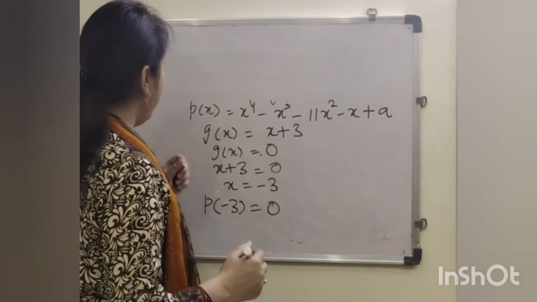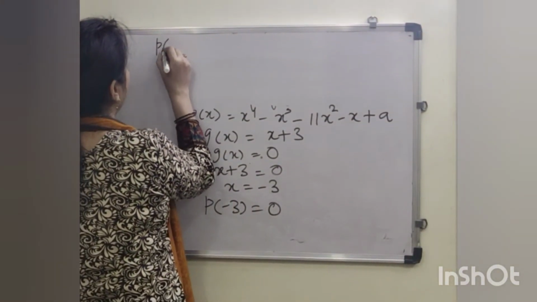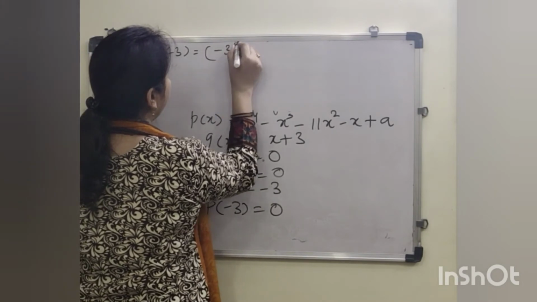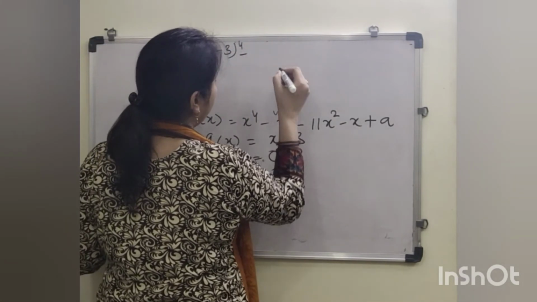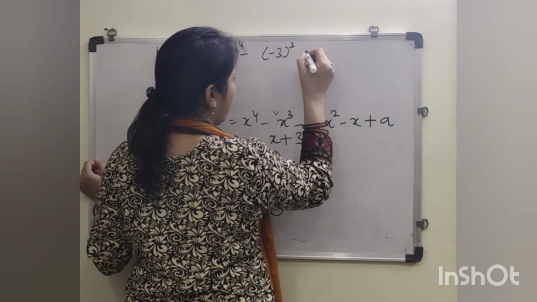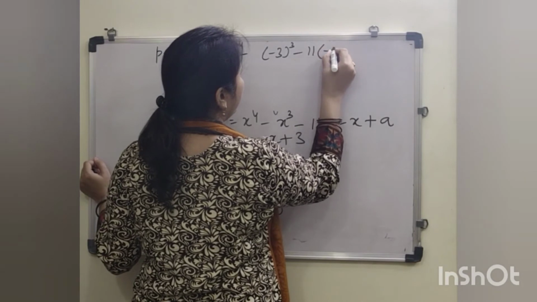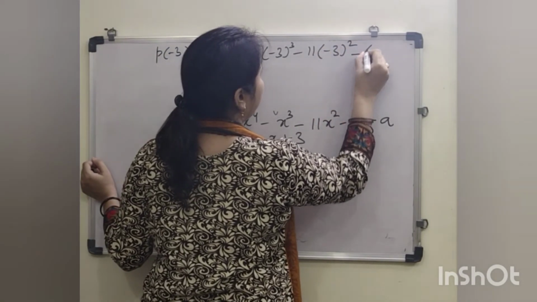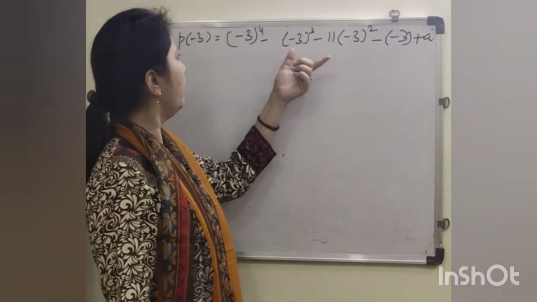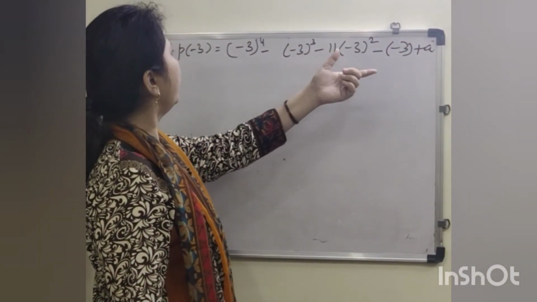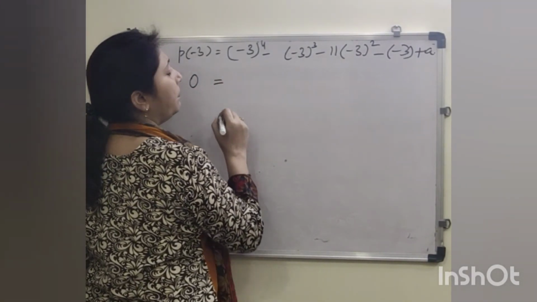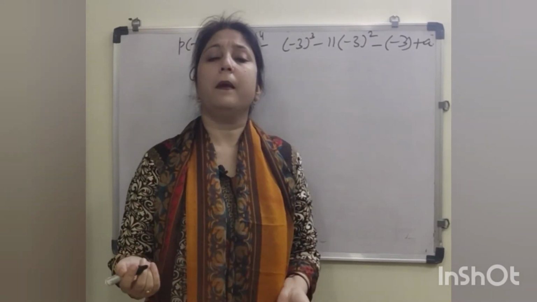So let's find p of minus 3. p of minus 3 is equal to (minus 3) to the power 4 minus (minus 3) cube minus 11 into (minus 3) square minus (minus 3) plus a. I have put x as minus 3. Let's solve it. And this p of minus 3 will be 0 because g(x) is a factor of p(x).